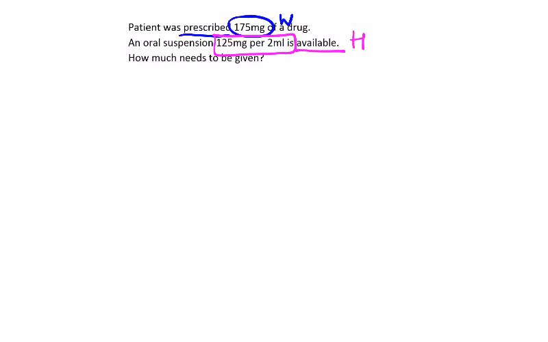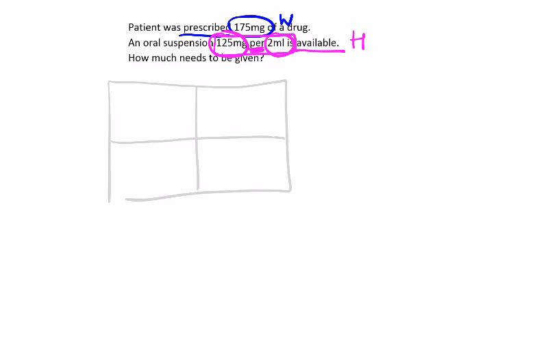So that's another box method, because we have two quantities connected with that per, so a ratio, and the third quantity, the 175 milligrams, the blue number there, matches with one of those two in the ratio. So we can confidently draw our box and enter the elements into the box.